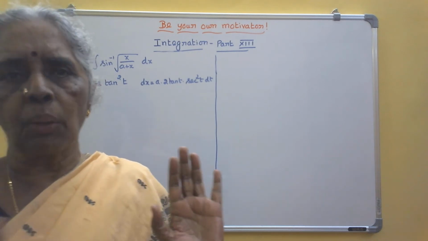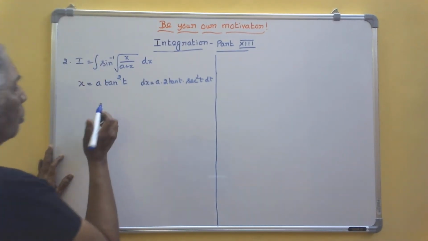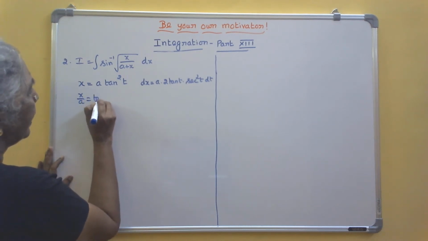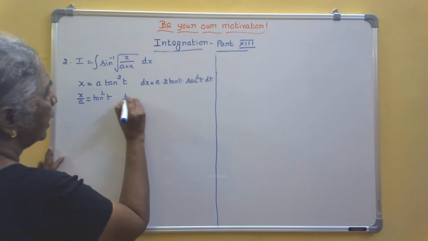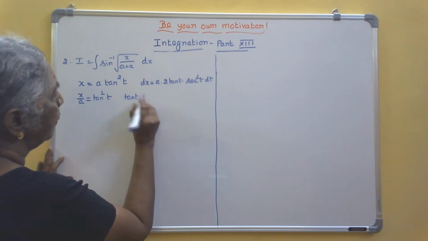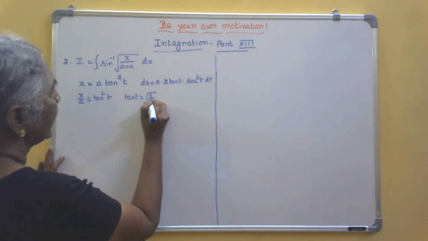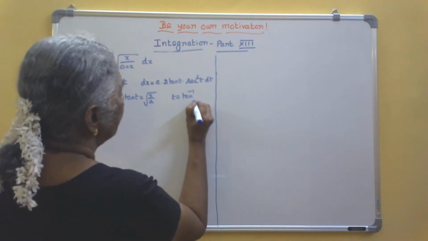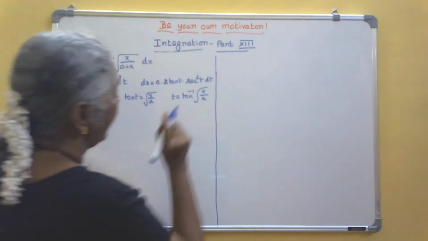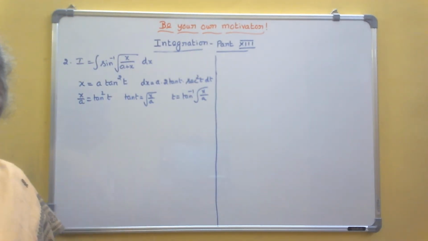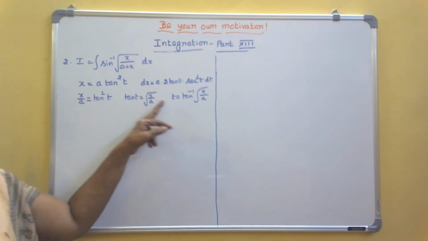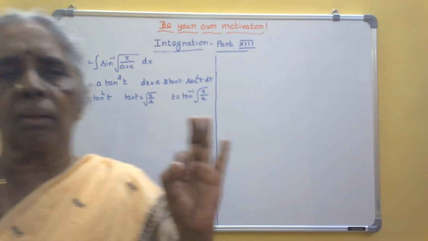So let me work out that also. So now I will write here x by a will be tan squared t. That means tan t will be root x by a and t will be tan inverse root x by a. Is this clear? What is x? What is dx? What is tan squared t, tan t, and what is t in terms of x?